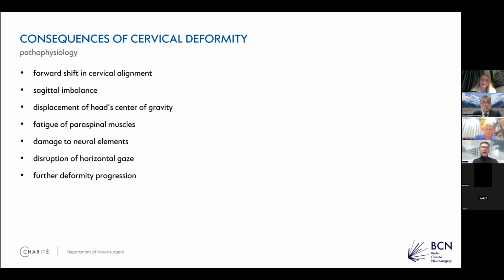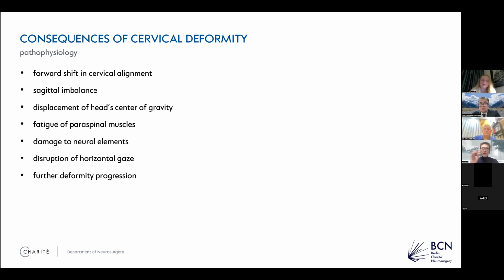But also this might result in damage to the spinal cord, which is unique to the cervical area in contrast to the lumbar area. And another unique thing is that your horizontal gaze might change. The patients start to look on the floor, and to some extent they can compensate by mechanisms I'm going to discuss.